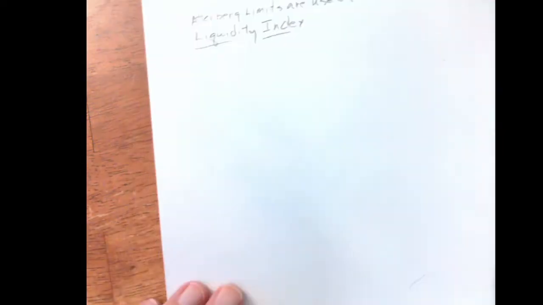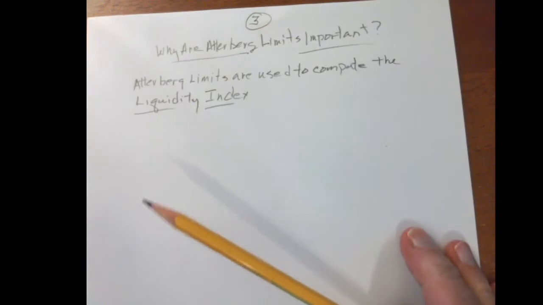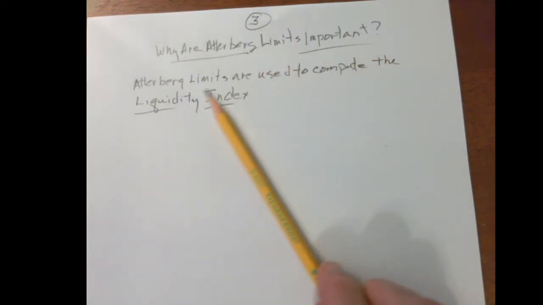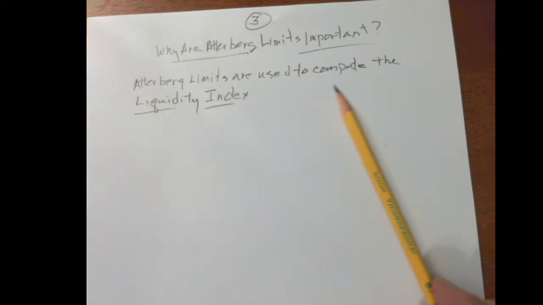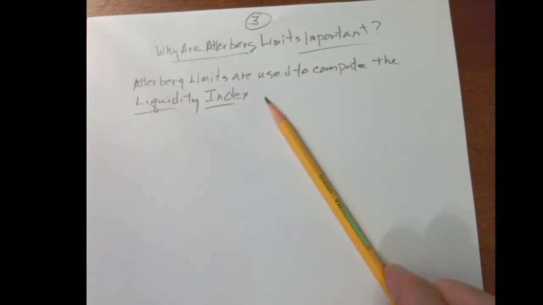Let's see what I want to talk about. Just a couple more things, and I'll probably have to jot them down quickly as I write them. The question I ask is, why are these things important? Why are these Atterberg limits important? They're used to compute, for one, the liquidity index.